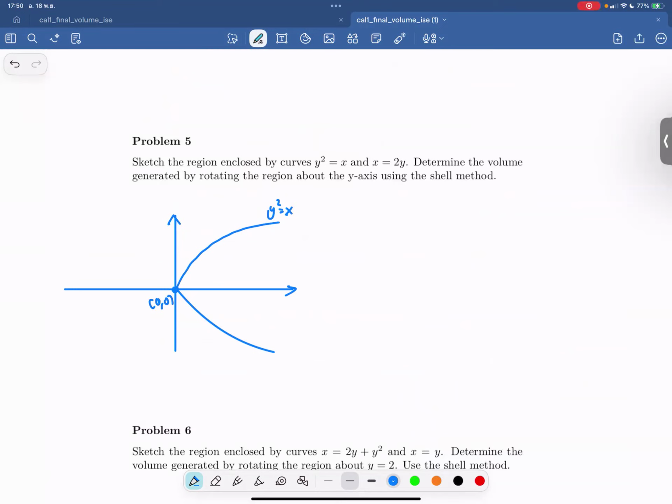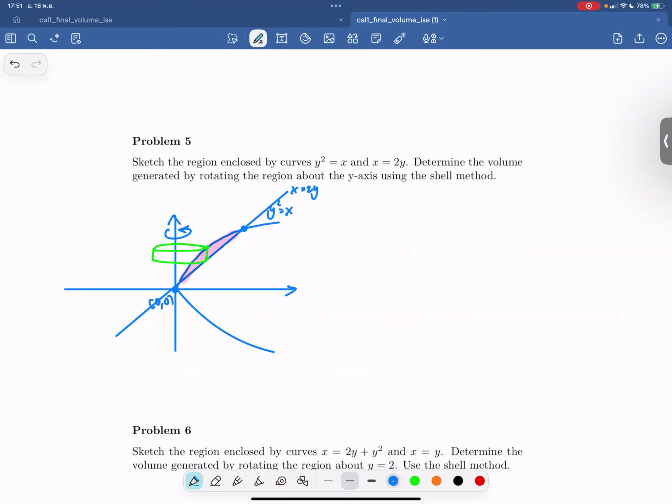The second one is the linear function y equals x over 2. The area of the rotation is the pink one, and we rotate about the y-axis. So our cylinder shell looks like this.